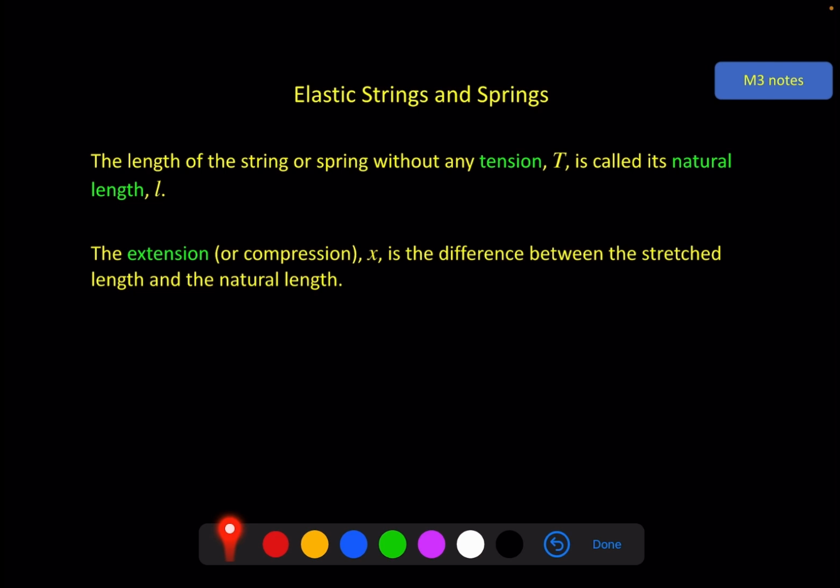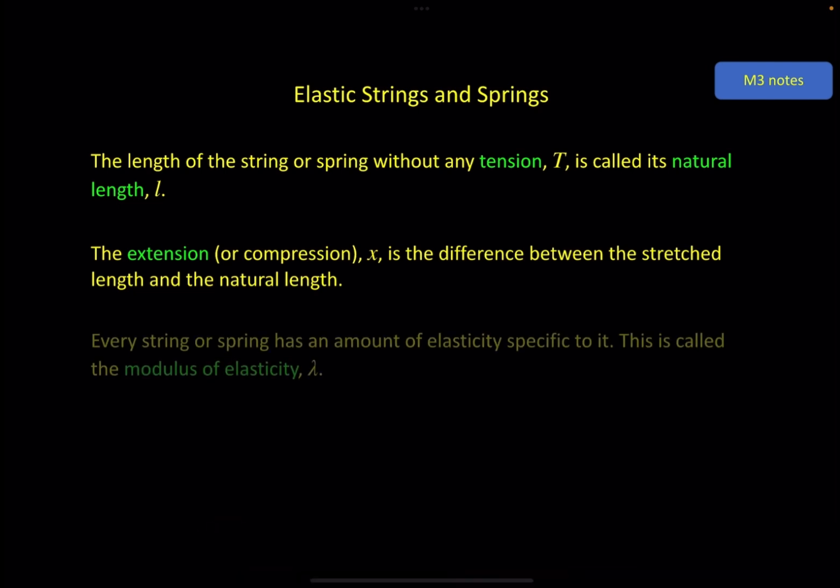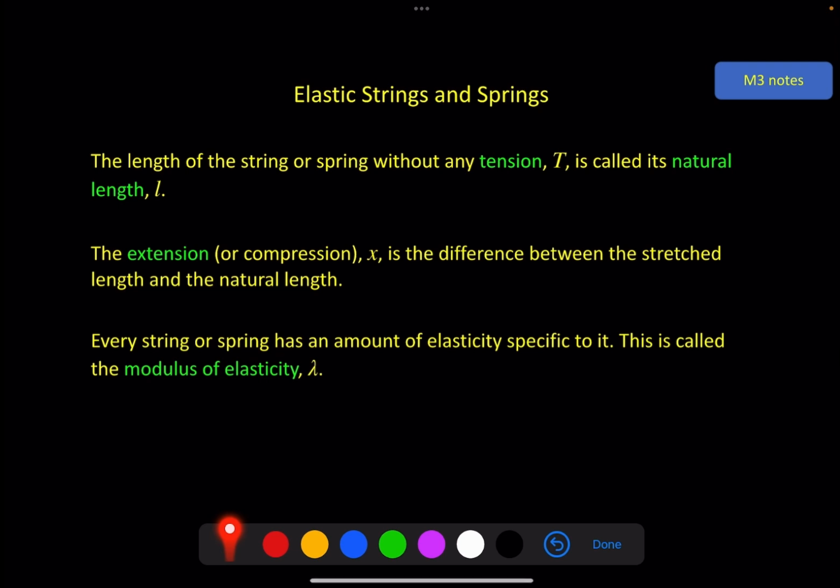Finally, we need to consider something about the string or spring itself, because every string or spring has an amount of elasticity specific to it, how much it will or will not stretch. And we call this the modulus of elasticity, lambda. And this is taking into account things like the material that it's made from, how thick it is, how tightly wound the coils of a spring are, all of these things that have an effect on how easy it is to stretch this string or spring.